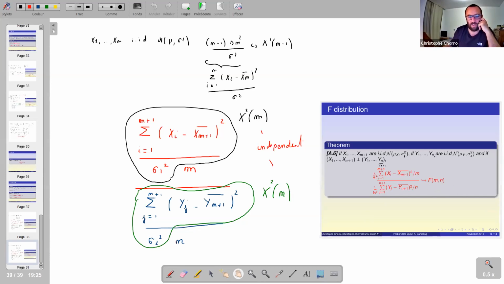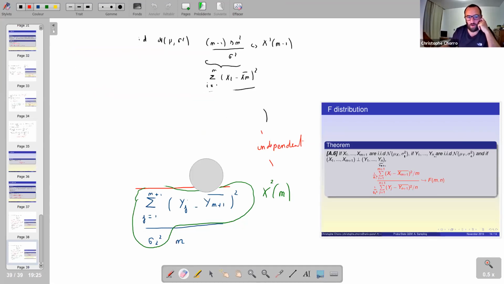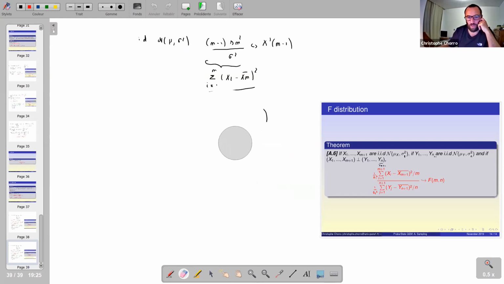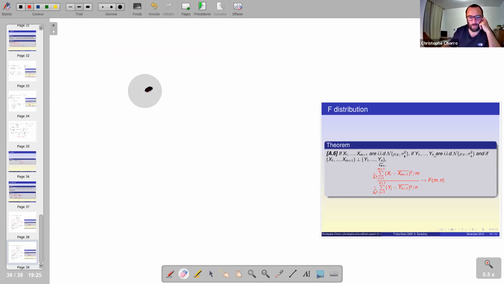And which quantity is the quantity of interest here? The quantity of interest will be the ratio of the variances, sigma 2 squared over sigma 1 squared.